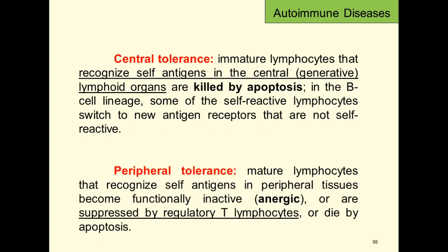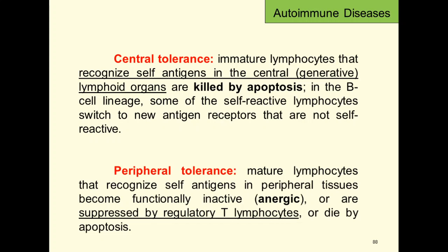We have two types, two mechanisms or two places: in the central lymphoid organs and in the peripheral lymphoid organs. And according to this, we have central tolerance and peripheral tolerance. So our organism destroys those lymphocytes that think that some normal cells are bad.